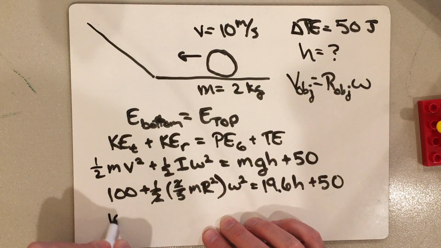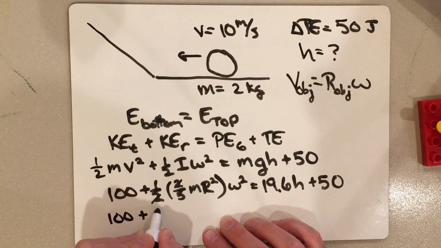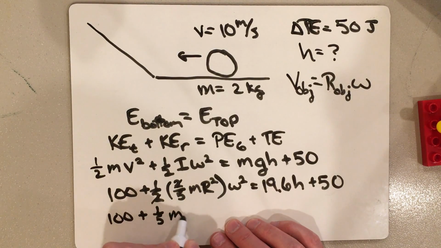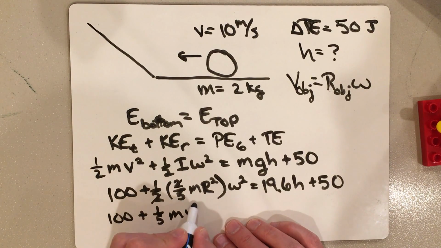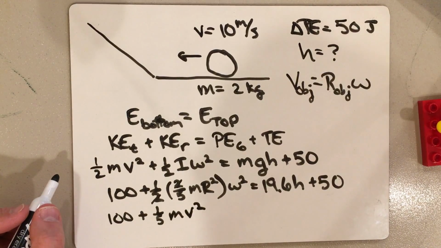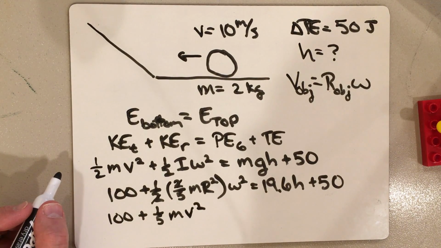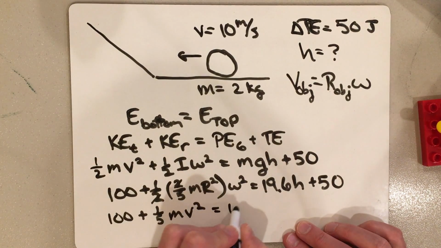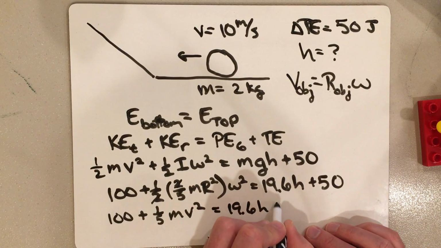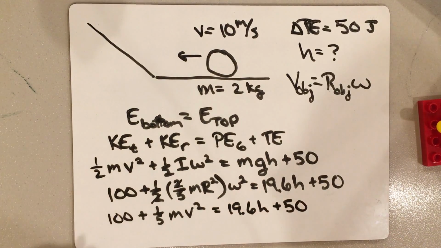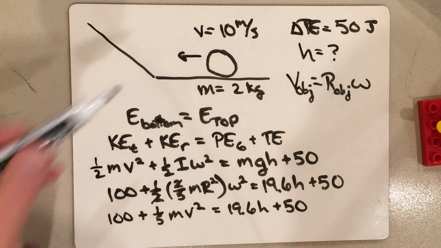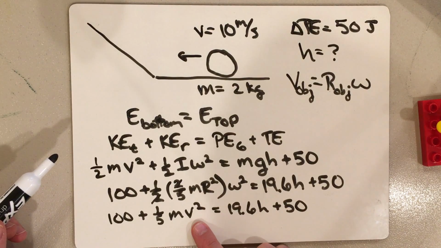This is going to become 100 plus 1/5 mv squared equals 19.6 h plus 50.